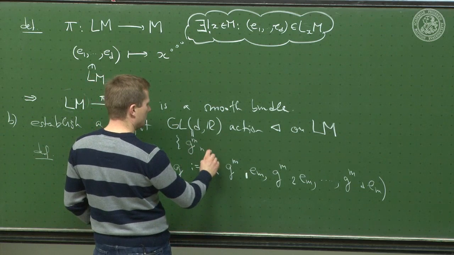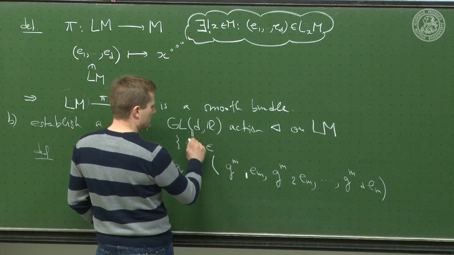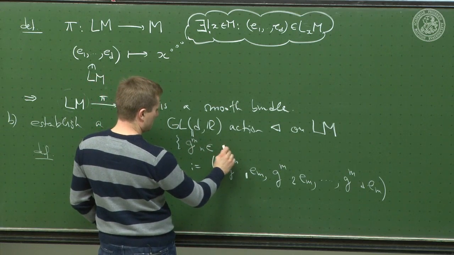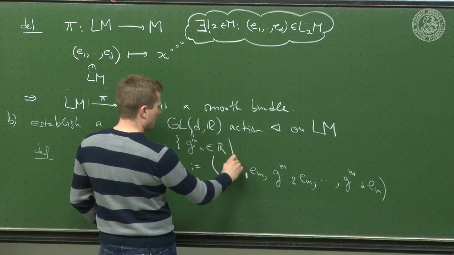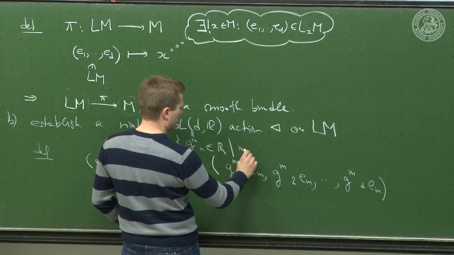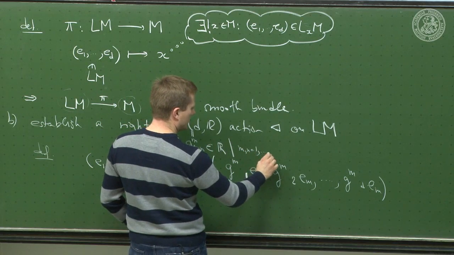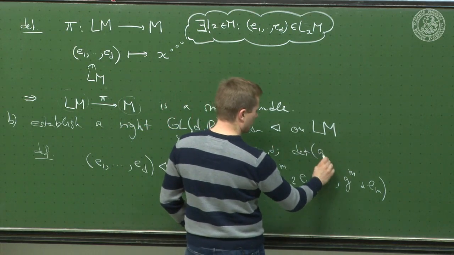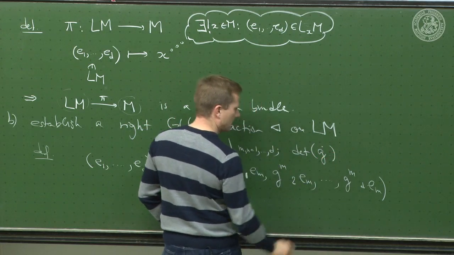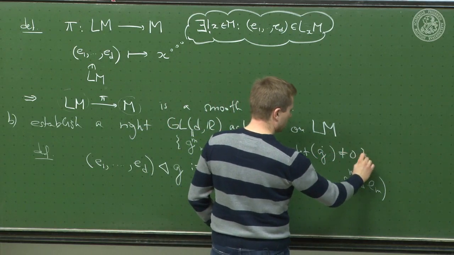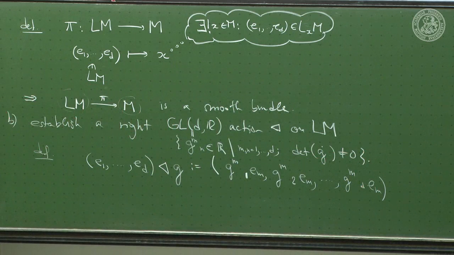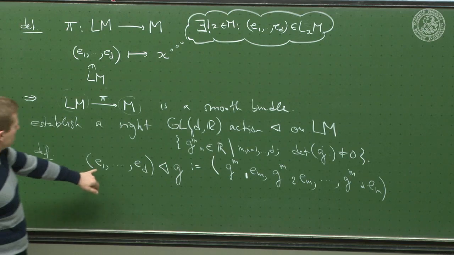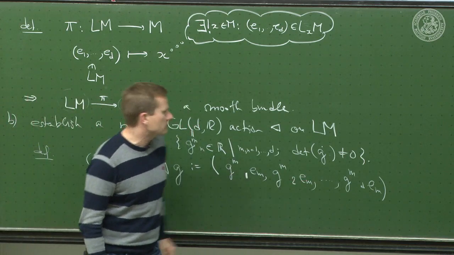So these are all the g^m_n where these entries are in R, m and n run from 1 to D, and the determinant of this g, index up, index down, is non-zero. Well, that's our definition of GL(d, R), and we let it act on this frame in this fashion.